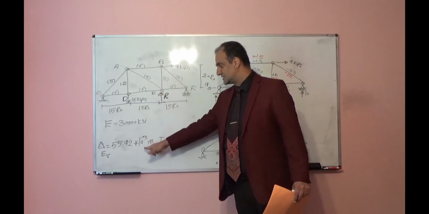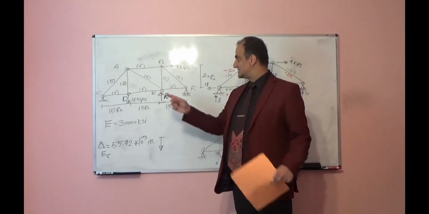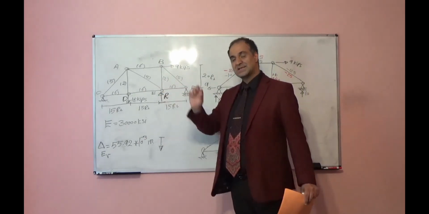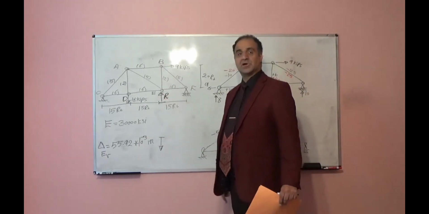This is upward, this is downward. The magnitude should be equal. In that case, point E will not move down or up. It will remain at the same level. This is the way we will find this reaction R.